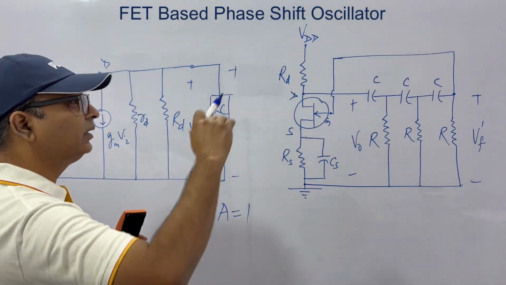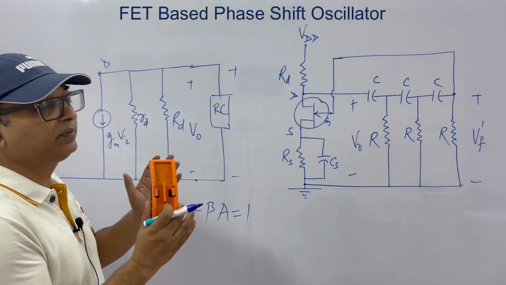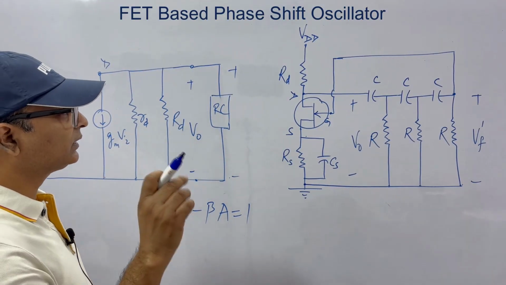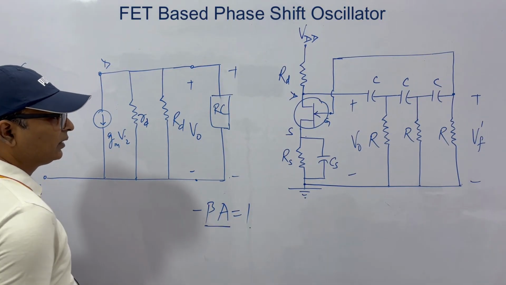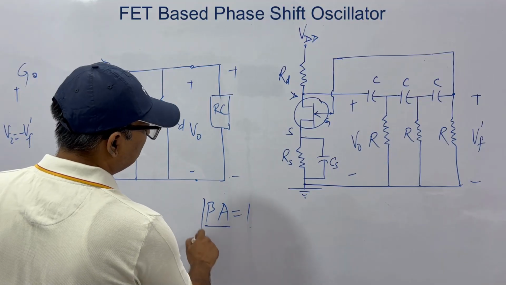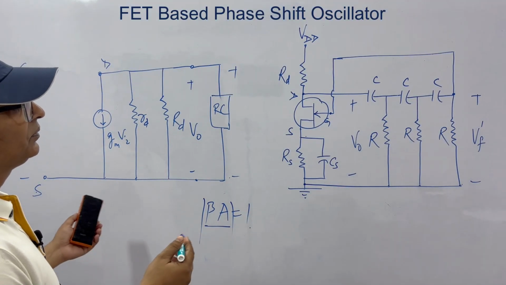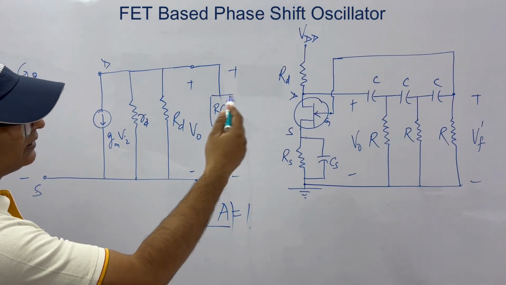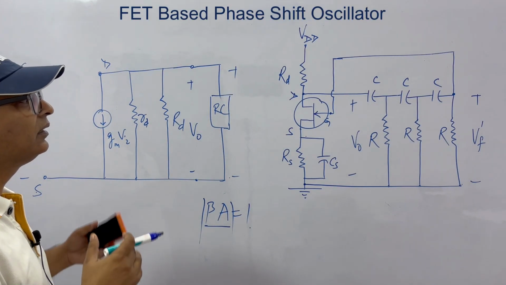So one in positive direction and one in negative direction. Effectively the phase shift becomes 0. So the first condition is met, and the second condition, beta A equal to 1, we'll see that this is equal to 1. If these two conditions are met, this phase shift oscillator using a FET will behave as an oscillator.